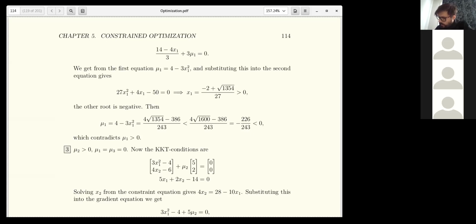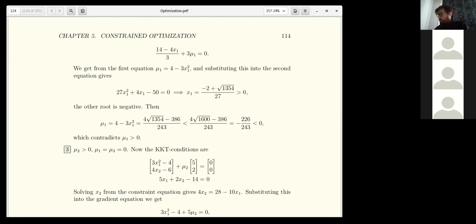So we have 14 minus 4x1 over 3, plus 12 minus 9x1 squared. So when we substitute, we get this, right?